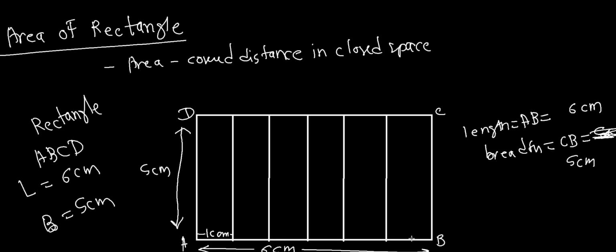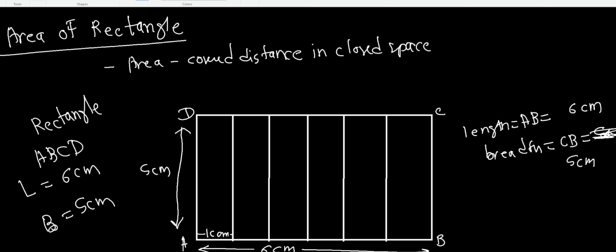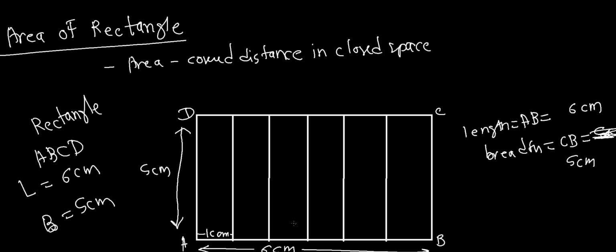Consider them as 1 centimeter apart because this is looking a little larger, so we will not give more time to that. So this is 1 centimeter apart, 1, 1, 1, 1, 1, making it 6 centimeters.